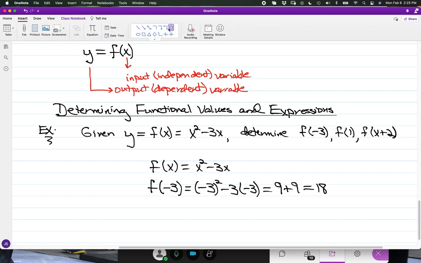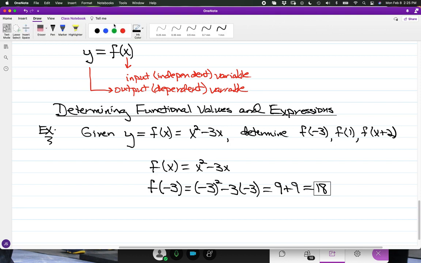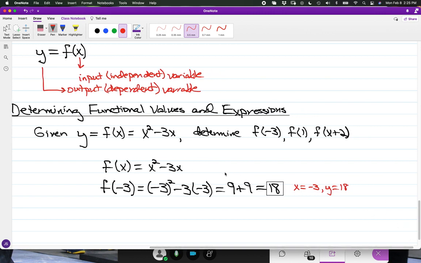And so what this means is that we started with x equal to negative 3, and we had that y was equal to 18. So among the points that would be on the graph of y is equal to x squared minus 3x, negative 3, 18 would be among those ordered pairs. Likewise for f of 1.